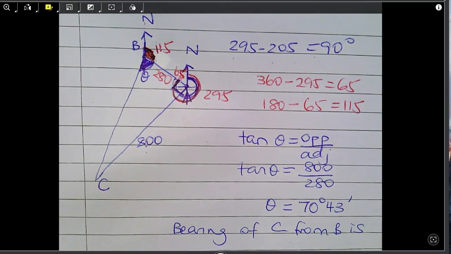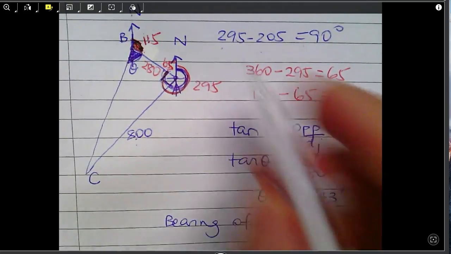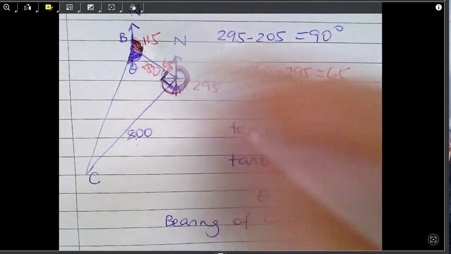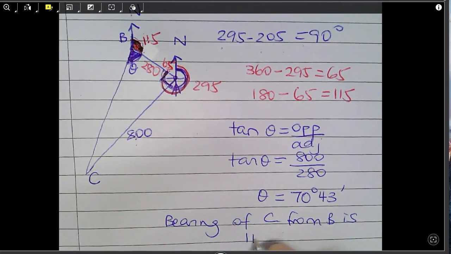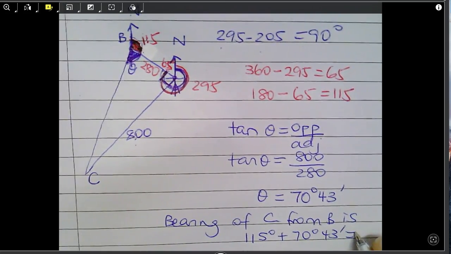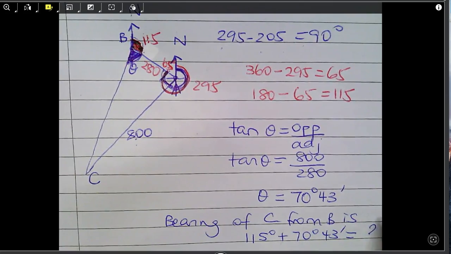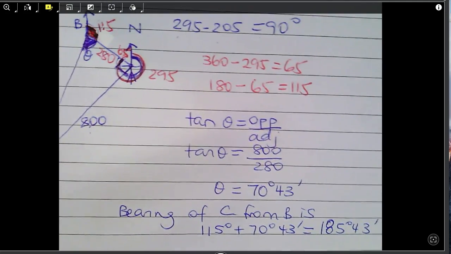I do what, girls? I want this whole angle. 115 degrees plus 70 degrees, 43 minutes, which is no, it's not. It's 185 degrees. Is that right? 185 degrees, 43 minutes. That's question 6.